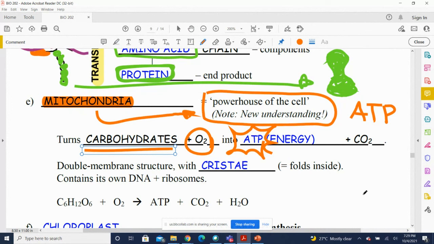And it is here where we're able to convert solar energy into sugars. So what we do with the chloroplast, we take solar energy, we take carbon dioxide, and we take water, and that can be made into sugars, so into carbohydrates, and as a byproduct we're left with oxygen.